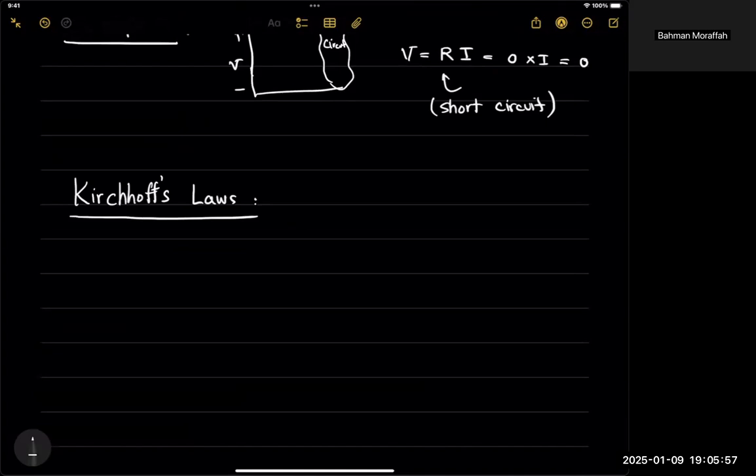There are two kinds of Kirchhoff's laws. One, Kirchhoff's current law, or KCL.